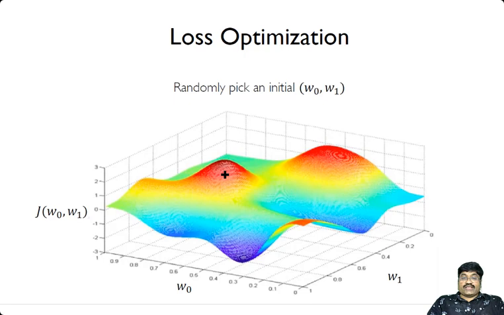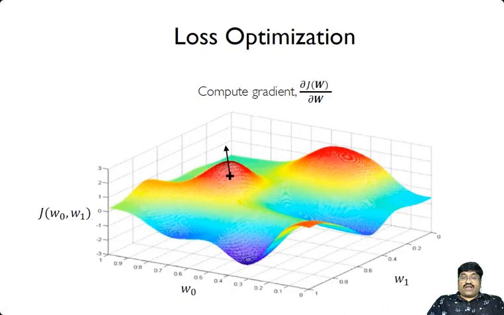What we can do is just pick a random W, pick a random place on this landscape to start with. And from this random place, let's try to understand how the landscape is changing. What's the slope of the landscape? We can take the gradient of the loss with respect to each of these weights to understand the direction of maximum ascent.